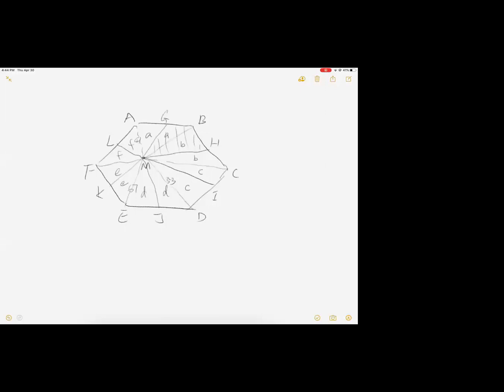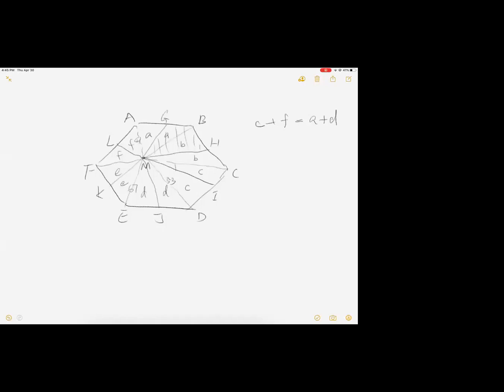Then I saw that since it's a regular hexagon, the C plus the F should be equal to A plus D. Explain why.